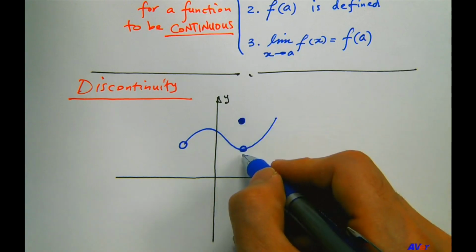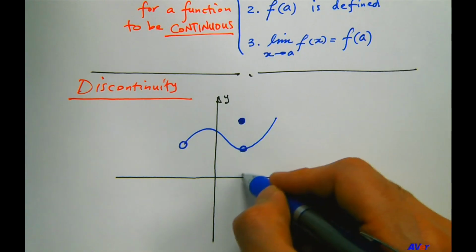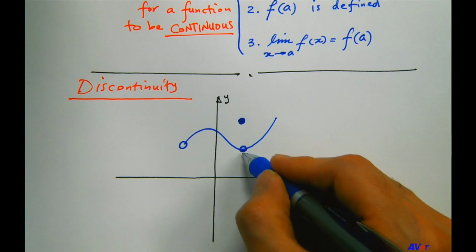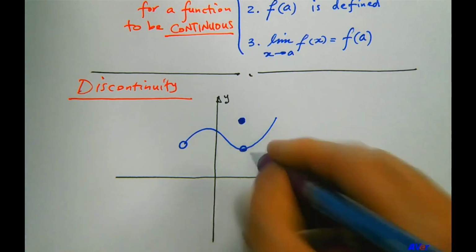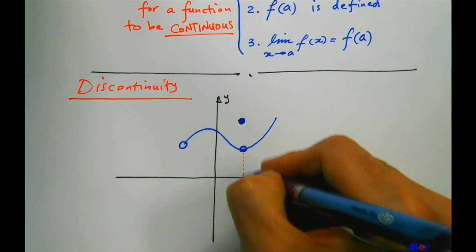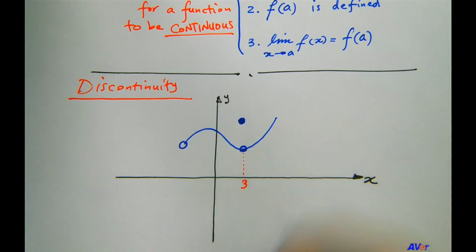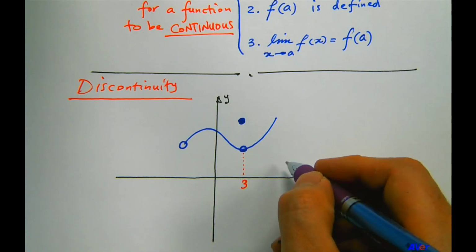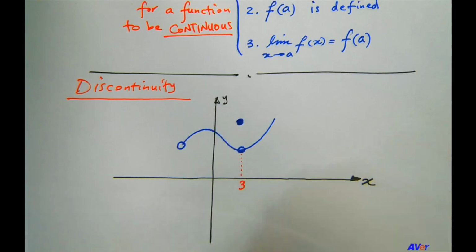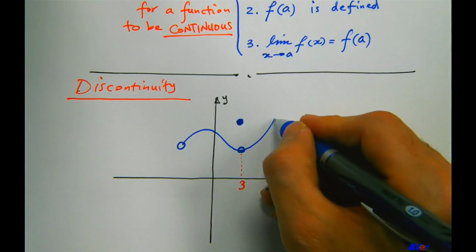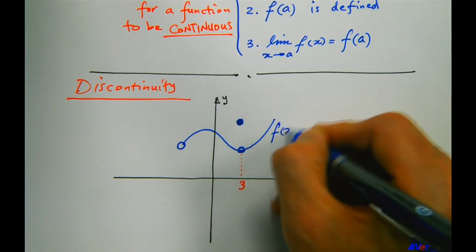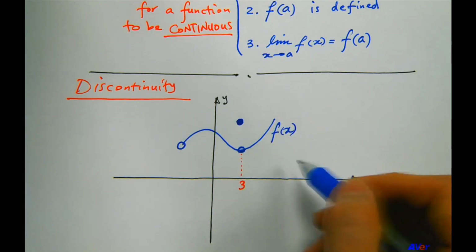Let's say that at this point we have x equals 3. And of course, we take this as some function f of x that has this graph.